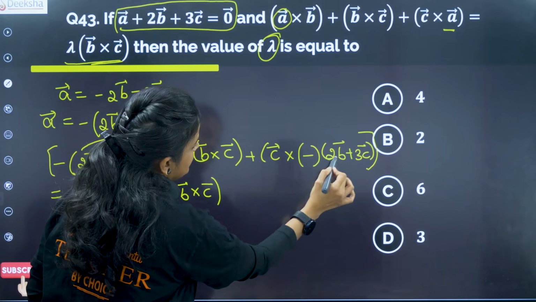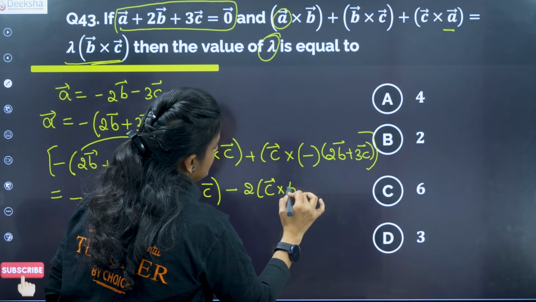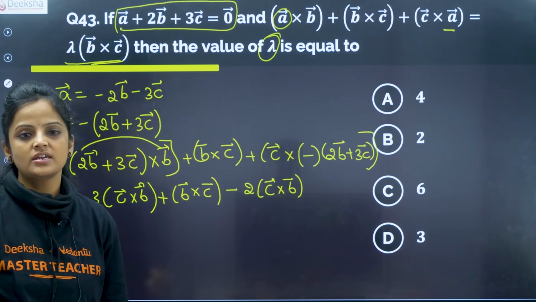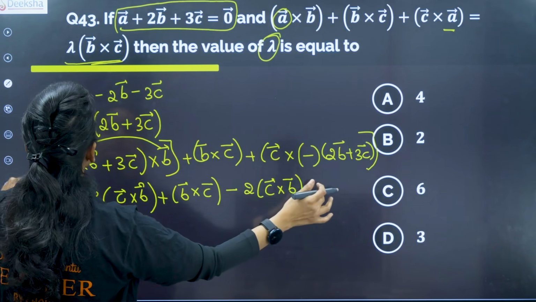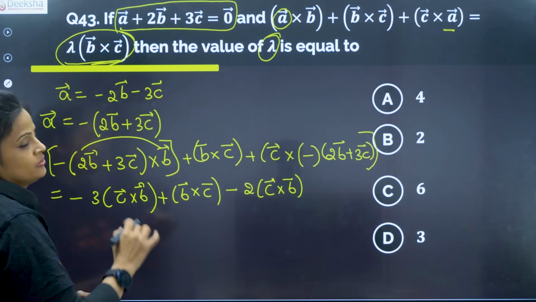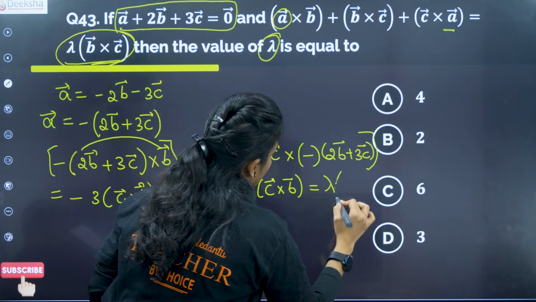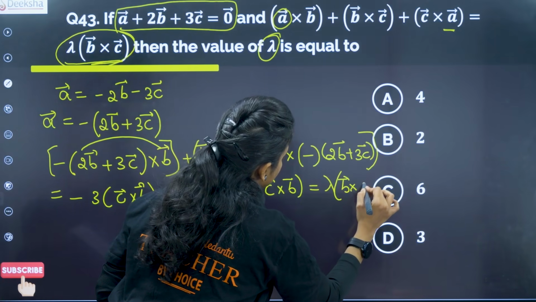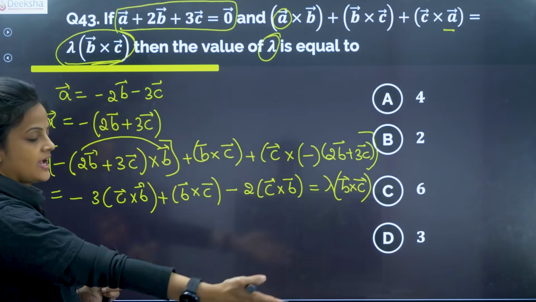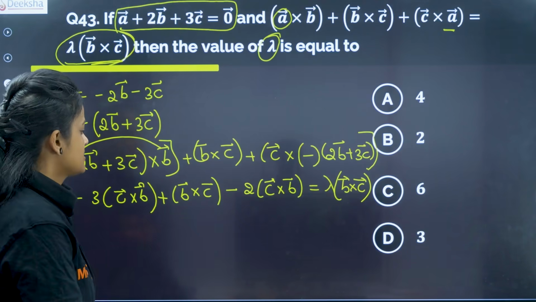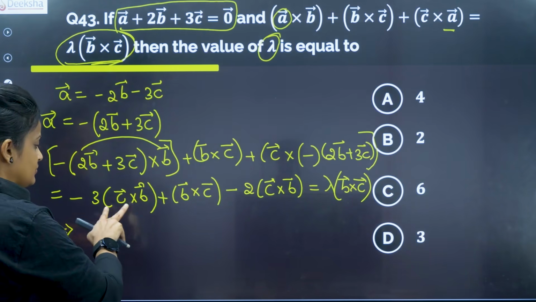So what is happening here? Minus 2 C cross B, and again C cross C will be 0, so I don't have to write that. So this one, they have given, is equal to this one. Now I am taking the RHS value that they have already given, lambda times. If I simplify this and put the value, you will get the answer. I'll invert this.